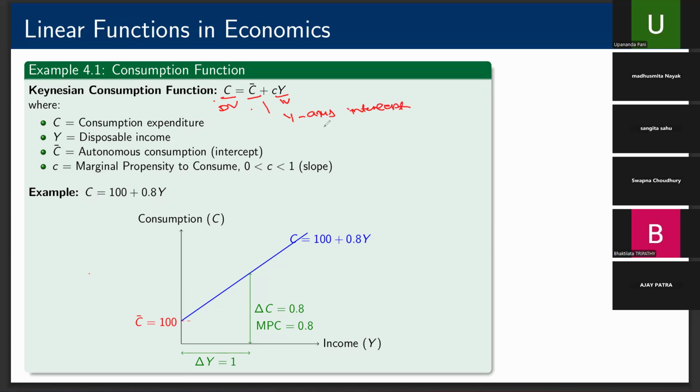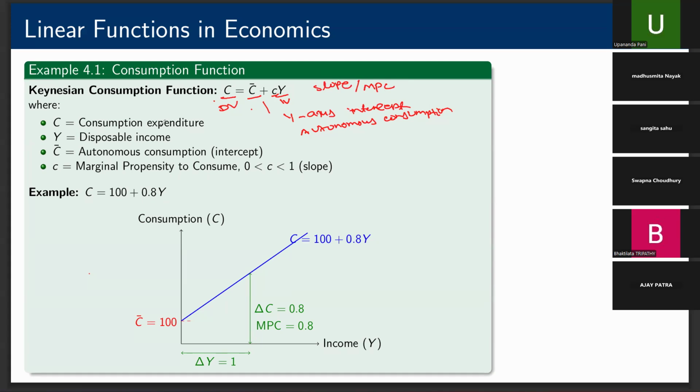In economics, in the consumption function, we say it is autonomous consumption. Now, what is this small c? In math it is known as the slope of the function, but in economics we say it is the marginal propensity to consume.